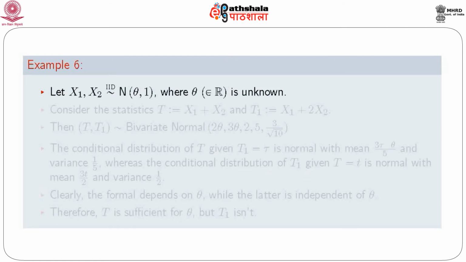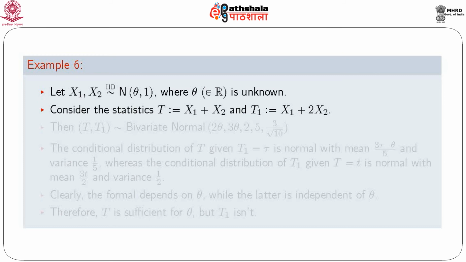We consider another example. Suppose X1 and X2 are independently and identically distributed random variables. Each follows normal distribution with mean theta and variance 1. Here theta belonging to the real line is the unknown parameter. We consider two statistics.